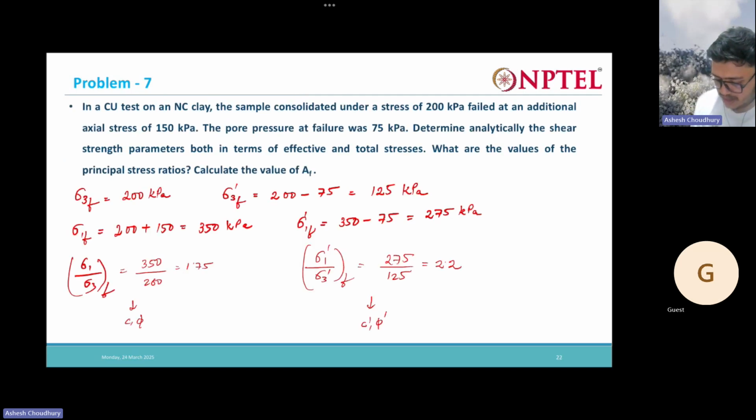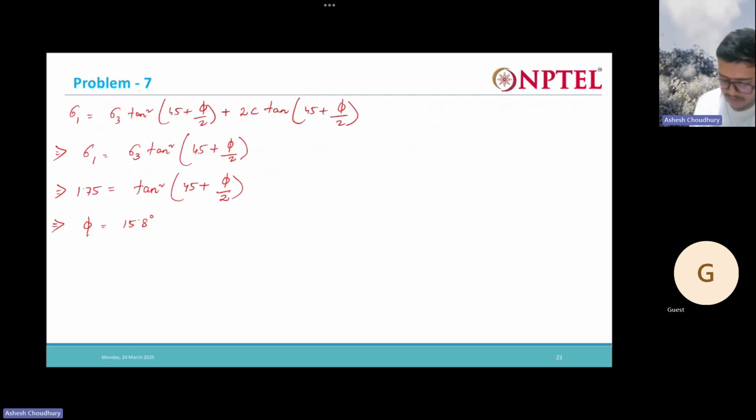I just put this ratio directly, and from there I can get phi. This is the total stress parameter.